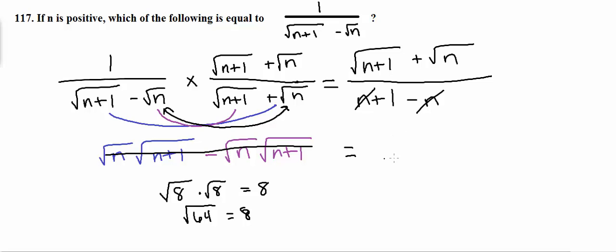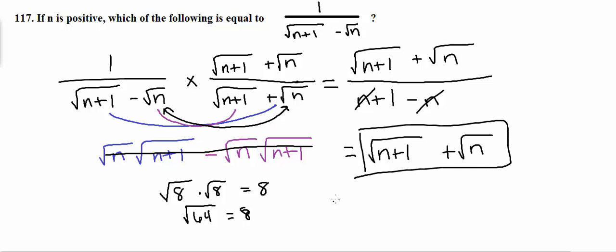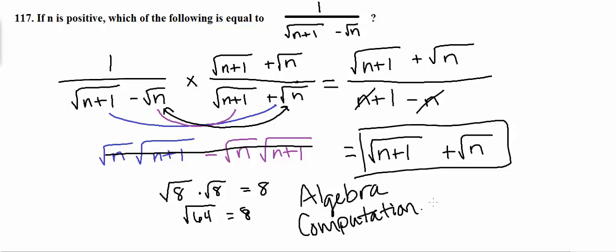So our final answer is the square root of n plus 1 plus the square root of n. Again, this question was an algebra question, and its subcategory was computation with radical expressions.